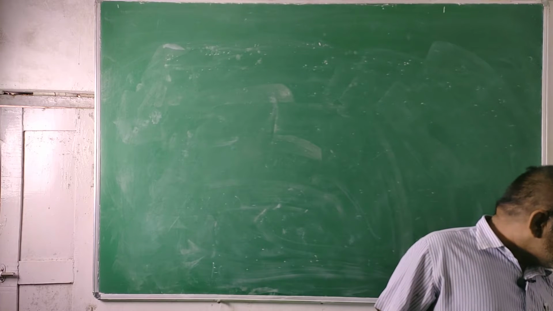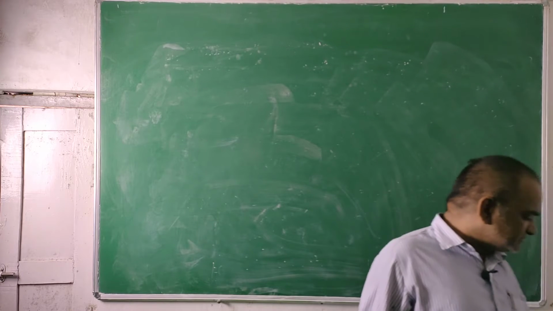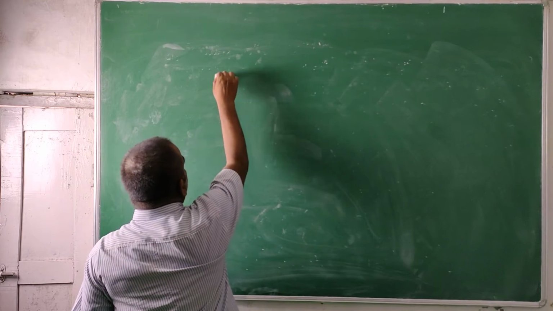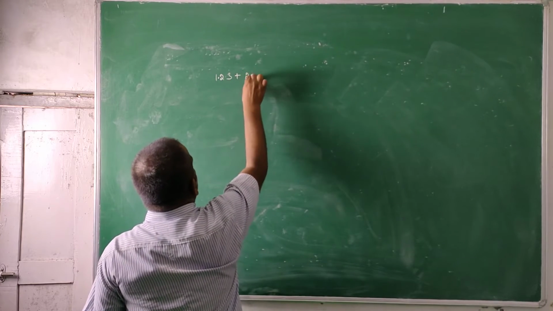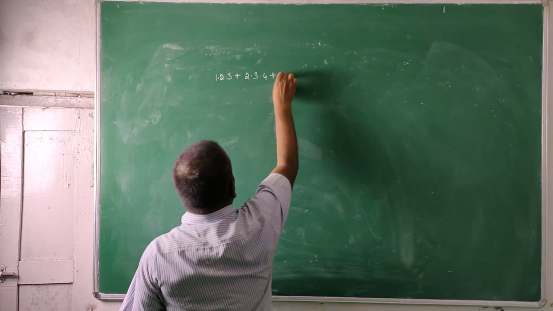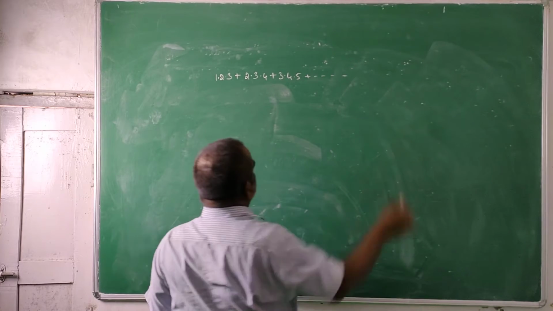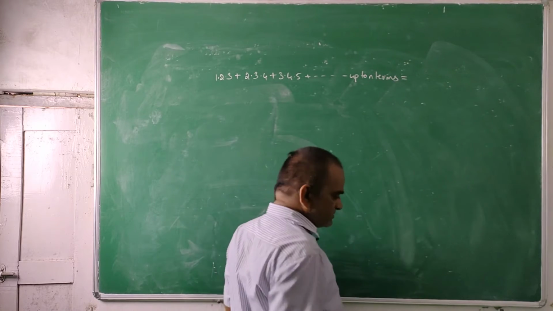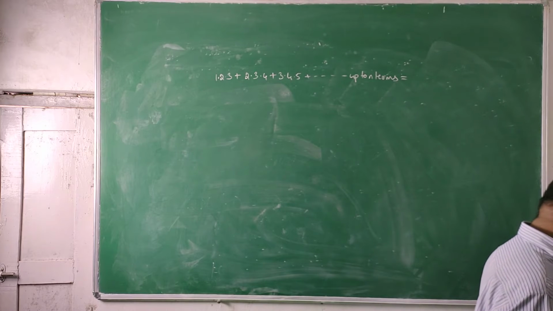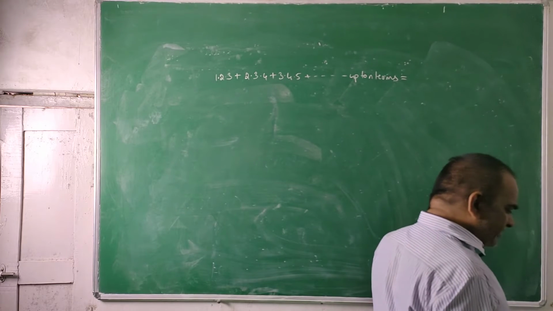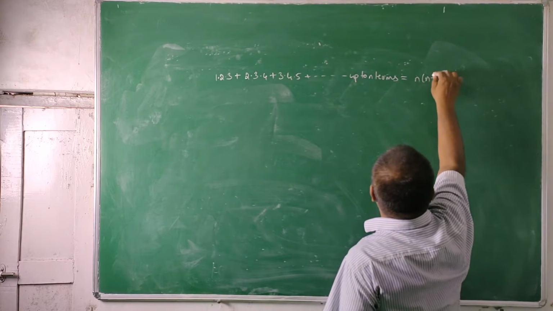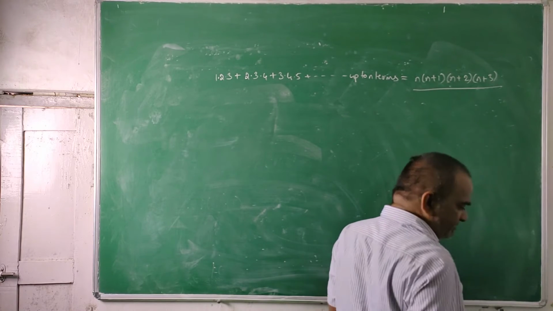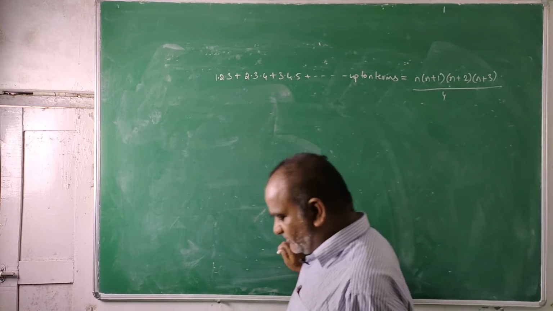That problem is: 1 into 2 into 3 plus 2 into 3 into 4 plus 3 into 4 into 5 plus so on up to n terms is equal to n into n plus 1 into n plus 2 into n plus 3, divided by 4. So, we'll start now.